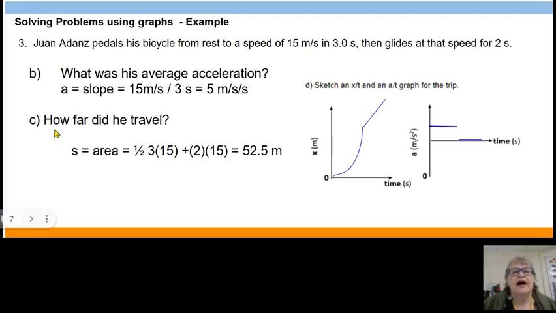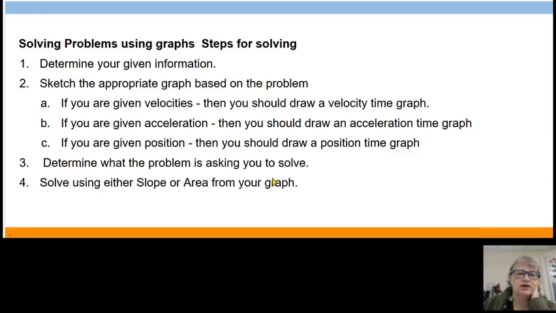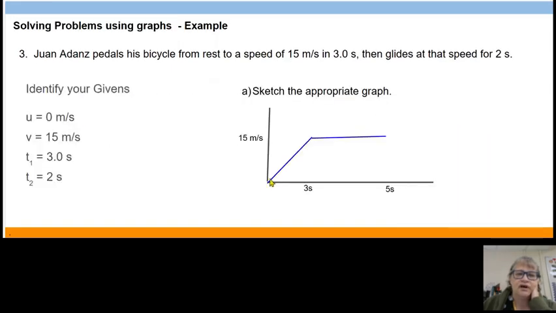Okay. How far did he travel? Again, if we go back up, I want to know what the change in the distance is, right? So I'm going to follow that over, and that's going to tell me that that is the area. Okay. So I'm going to look at my area on my graph. Okay. So for the first part here, right, you can see that there is a triangle. Okay. And for the second part, you can see that there's a rectangle.